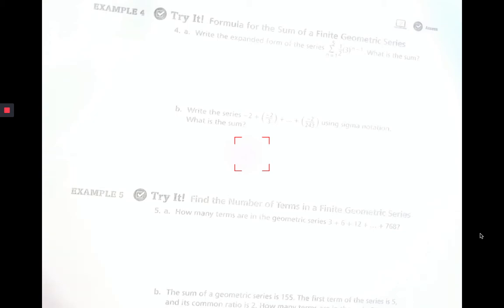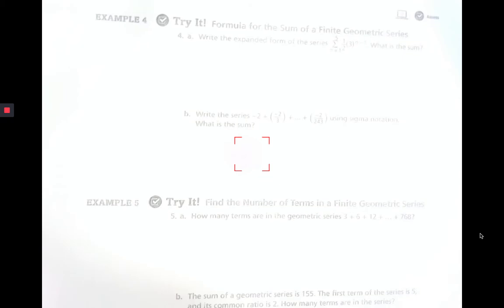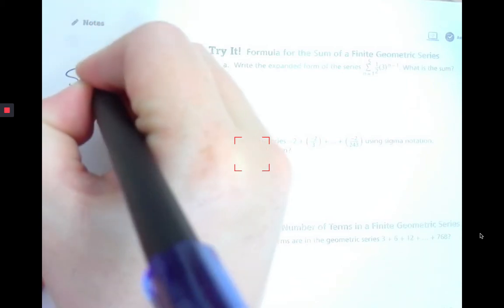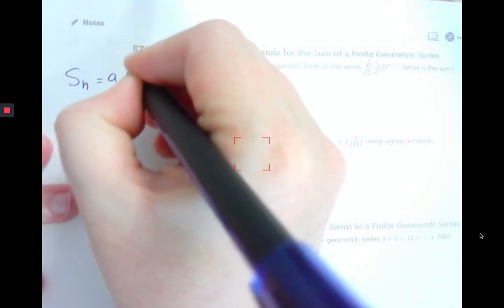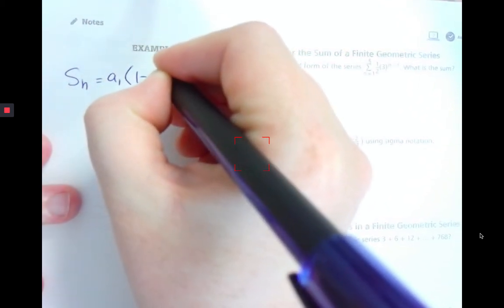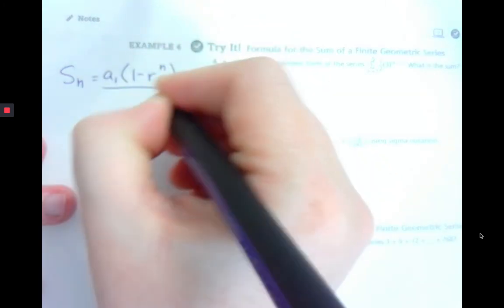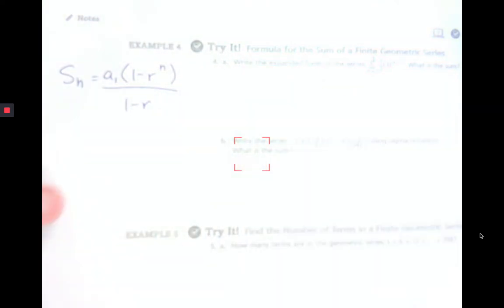It says a geometric series is a sum of terms of a geometric sequence. S sub n represents the sum of a geometric sequence with n amount of terms. So they give us this formula. S sub n is equal to a sub 1 times 1 minus r to the n over 1 minus r.